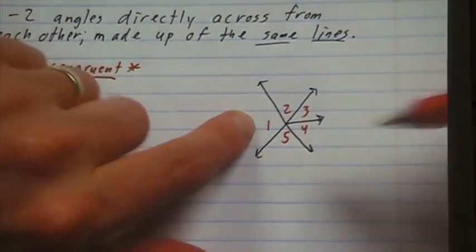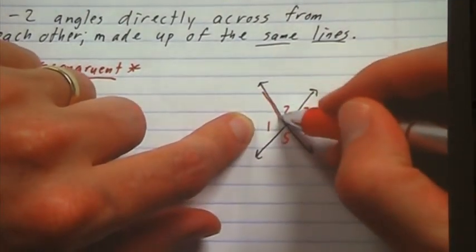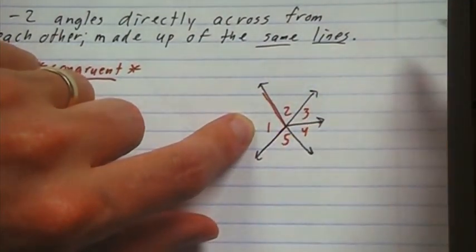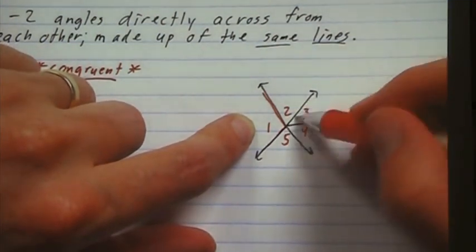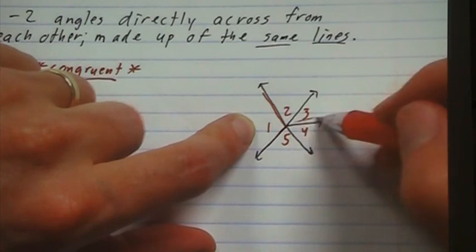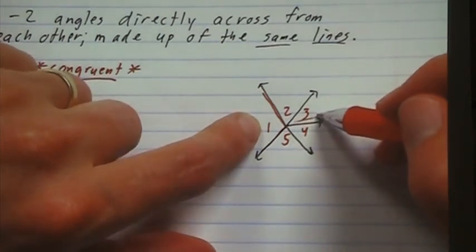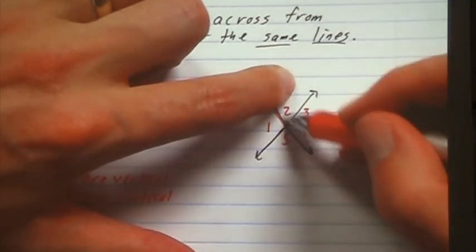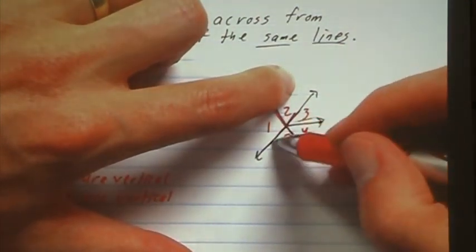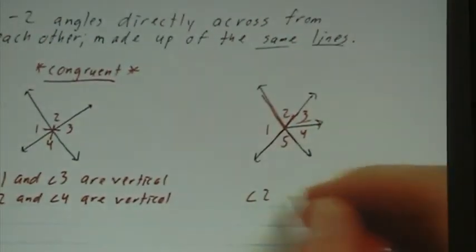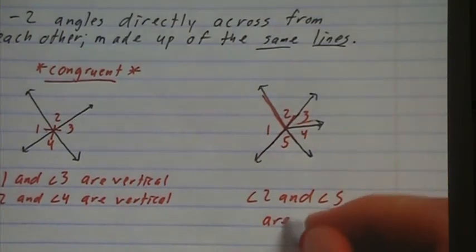That's true, but are they made up of the same lines? Angle 1 is made up of these lines. Is angle 3? No, no, no. Angle 3 shares this line, but then it's got this little middle guy here. So angle 1 and 3 are not vertical. 2 and 5? See how they're made up of the same lines? Yeah. Angle 2 and angle 5 are vertical.